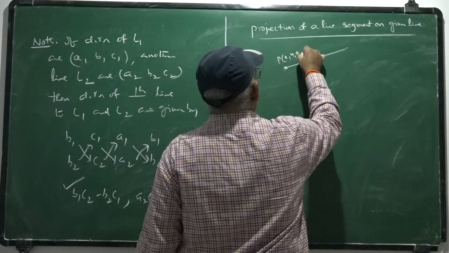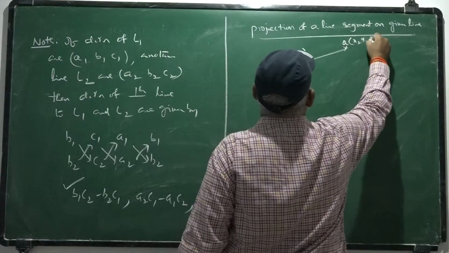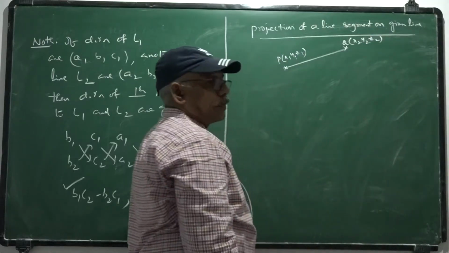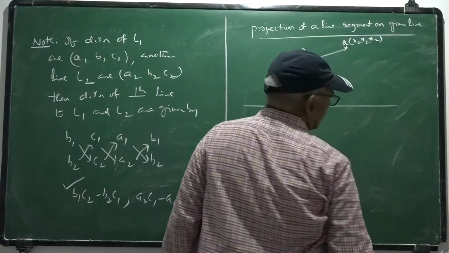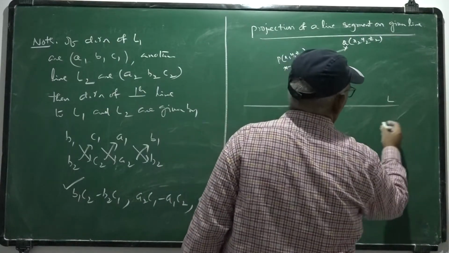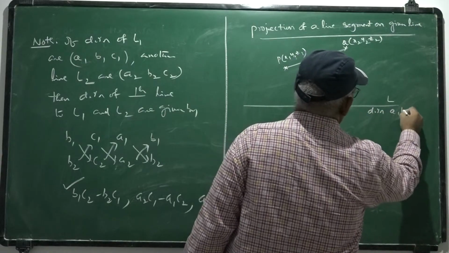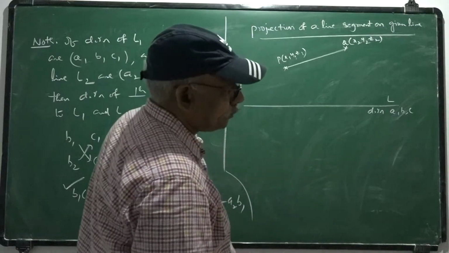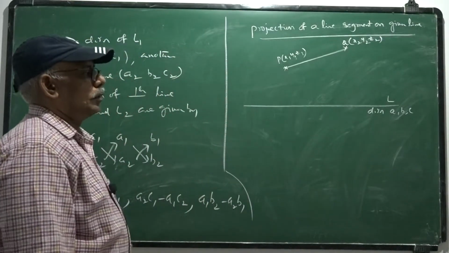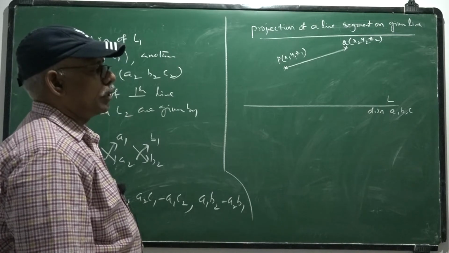Let the ends of the line segment be x1, y1, z1 and x2, y2, z2. Let us suppose this is the line L, the line whose DRs are A, B, C.